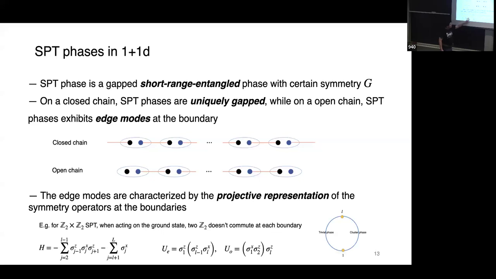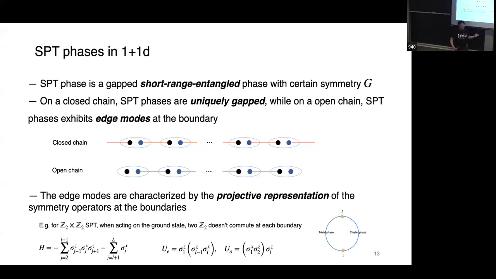For example, in this system, the two Z2s commute with each other. But if you act on the ground state, you need to consider some constraints. By imposing these constraints, these two symmetry operators can be simplified. So they factorize around the boundaries. And at each boundary, you find that they don't commute with each other.